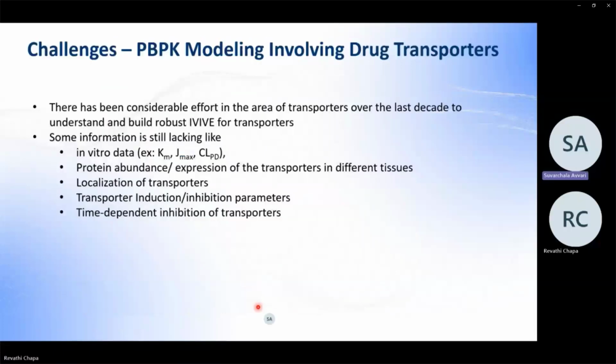There has been a considerable effort in the areas of transporters over the last decade to understand and build a robust IVIVC for the transporters, but still there is lack of some information when it comes to transporter mediated disposition modeling or the transporter mediated DDI models.